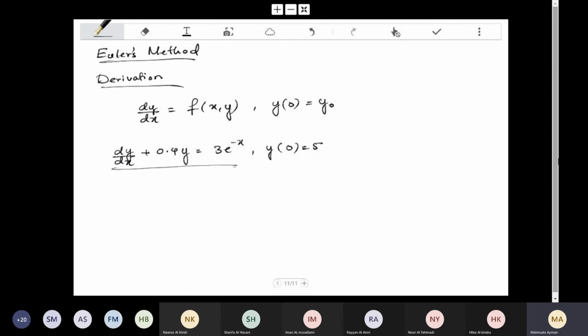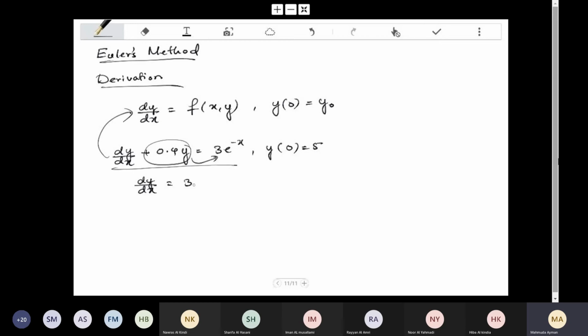This one is not in the form that Euler's method can solve, so we have to convert it. We keep dy/dx on this side and take the plus 0.4y to the other side.